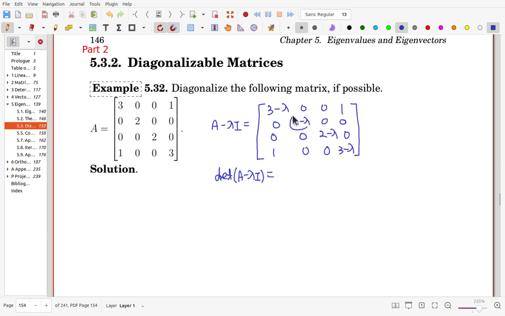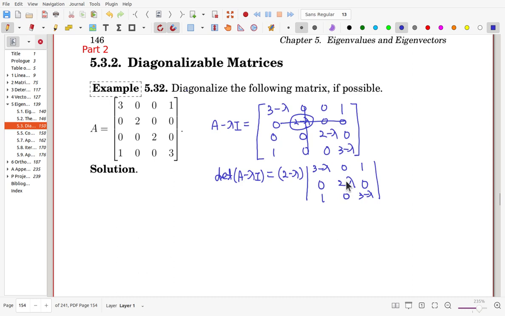We may try to use this row, where every other entry is 0. That becomes 2 minus lambda, which is in position 2, 2, so we don't have to worry about the sign, times the determinant of the remaining submatrix: 3 minus lambda, 0, 1, and 0, 2 minus lambda, 0, and 1, 0, 3 minus lambda. So we have to find the determinant of this matrix.